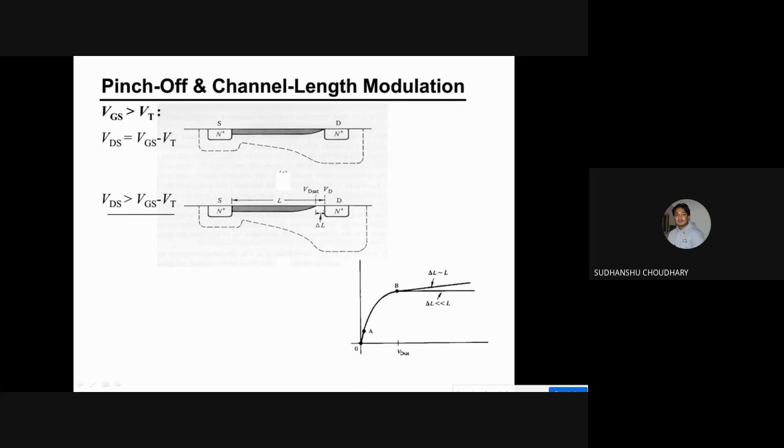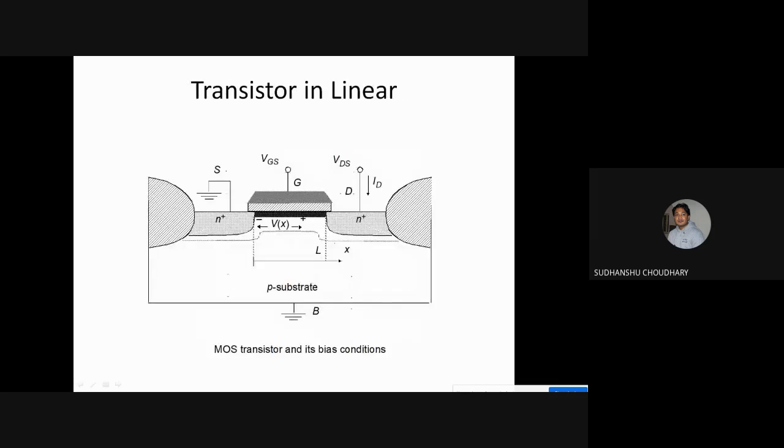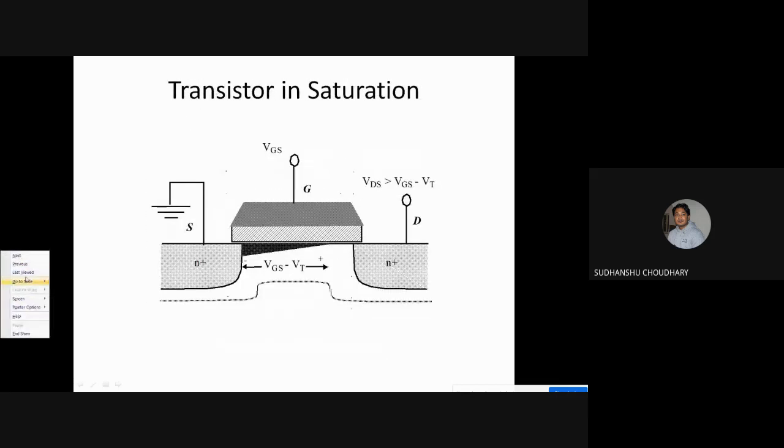Because in this region you have a very high electric field. I think I had mentioned over here. Maybe let us take this point over here. So in this region, delta L, you don't have any channel, but the electric field is very high.